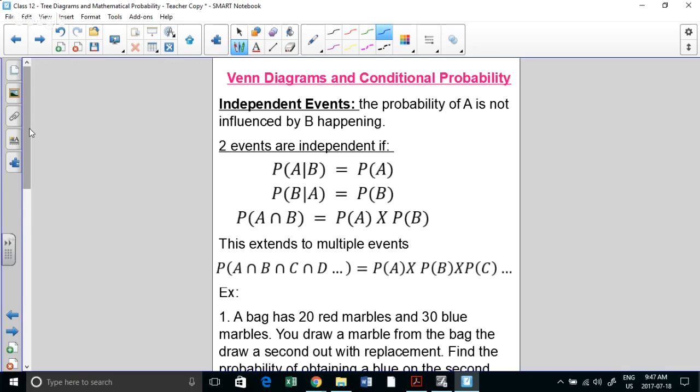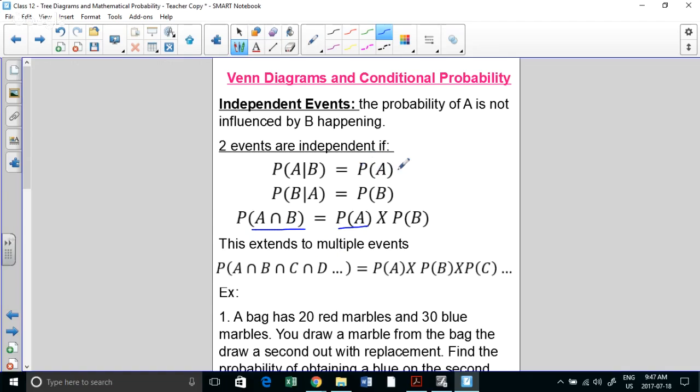If there's no overlap, they're called independent. And if they're independent, the probability of their intersection, A and B, is just the probability of A times the probability of B. Okay?